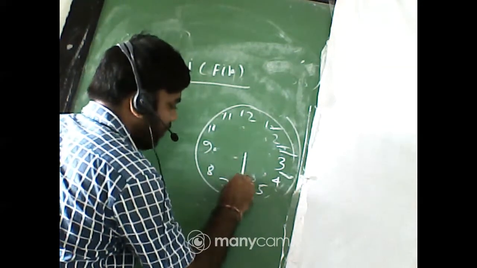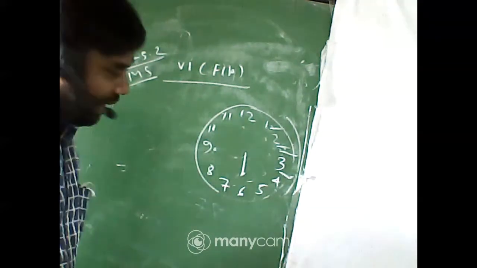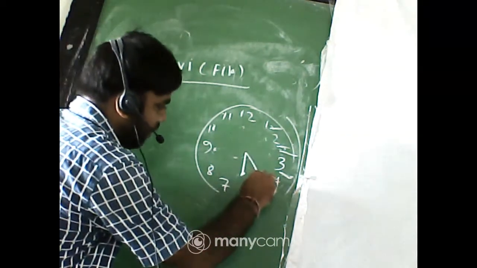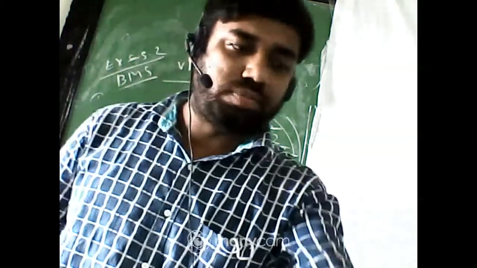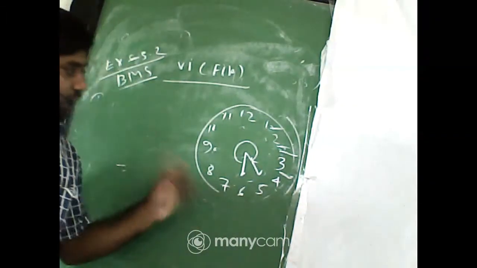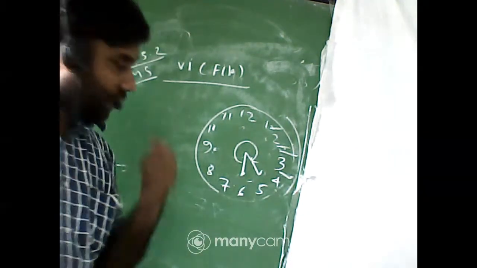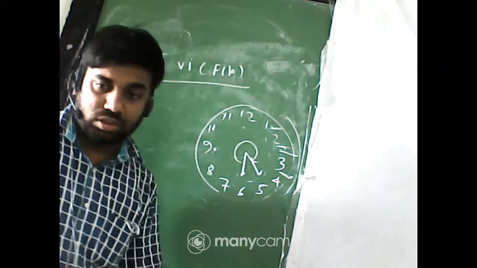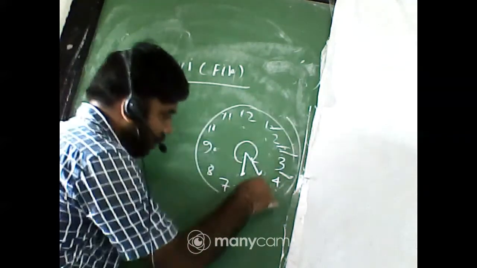Okay. Initially at 6, it starts moving clockwise and reaches 5. What angle will it form? Initially at 6 and it starts moving and reaches 5. Then find the angle made by our hand in clockwise direction. So first step, count the gaps. 6 to 5.